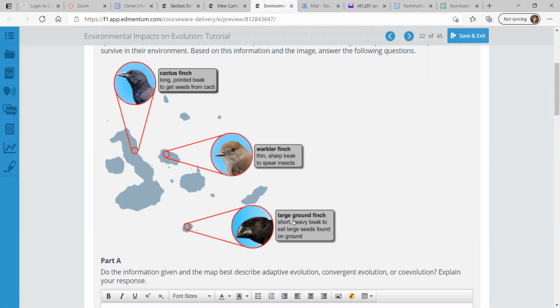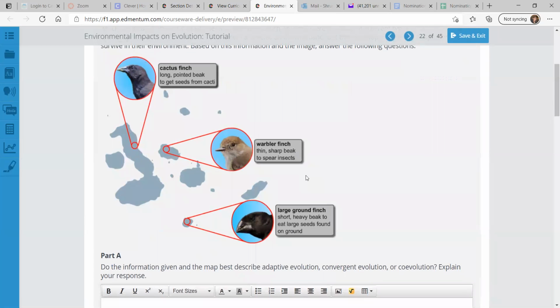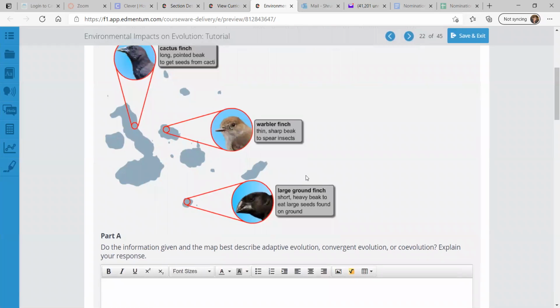So that's why the cactus finch is called the cactus finch. The warbler finch has a thin, sharp beak and it can spear insects and eat food that way. The large ground finch has a short and heavy beak to eat large seeds found on the ground.